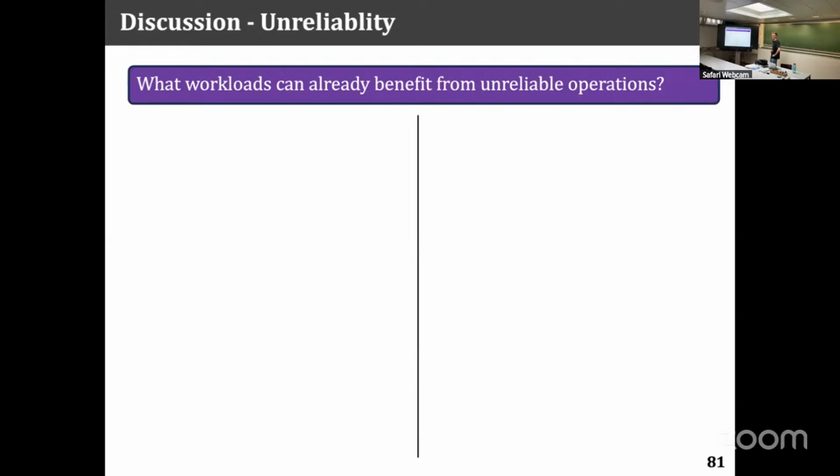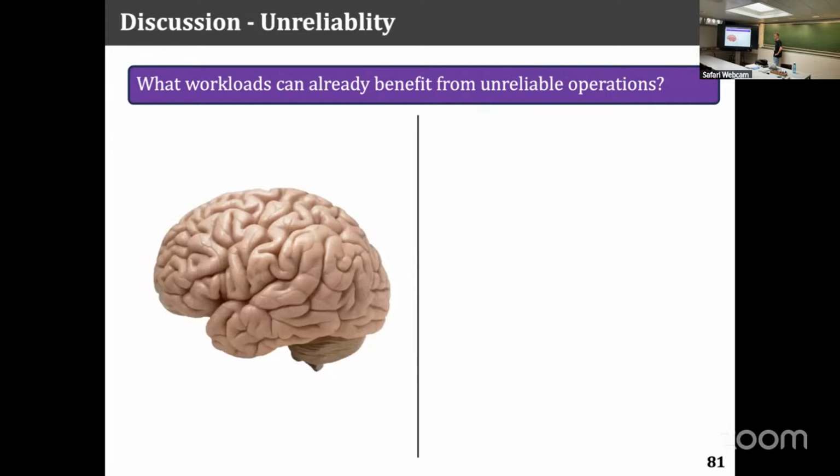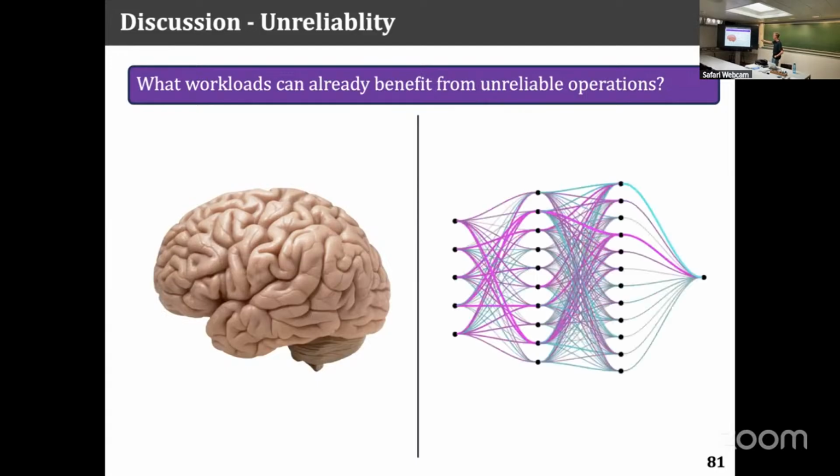Any other ideas of workloads that might tolerate some errors during the computation? So maybe machine learning workloads that are already pretty blurry in terms of exact numbers. Yeah, that's true. I first thought about the human brain, which is somewhat similar to neural networks. If some of the neurons fail suddenly, you don't fall over or die immediately, so it's somewhat error tolerant.